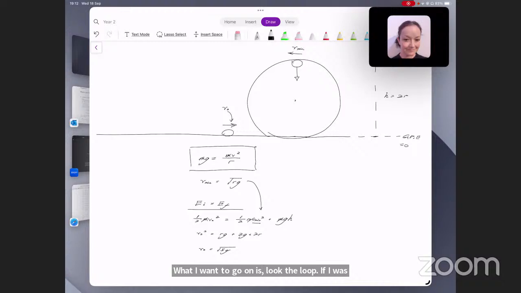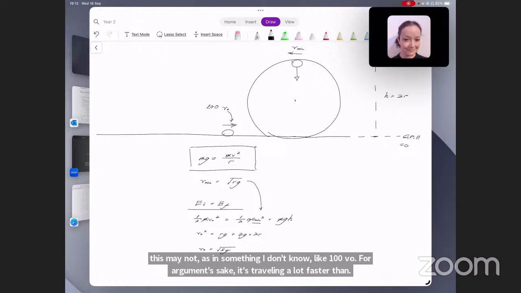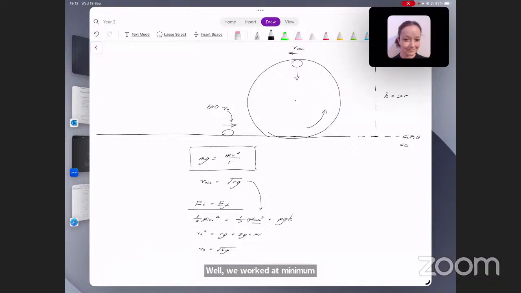I came up with the answer no, because if you imagine something like 100 V naught, for argument's sake, it's traveling a lot faster than the minimum speed we worked out. As the car travels around the loop, you can imagine yourself getting flung to the side due to the centrifugal force, actually.